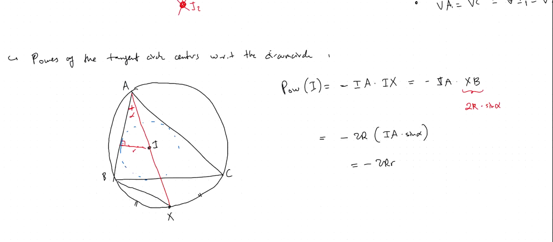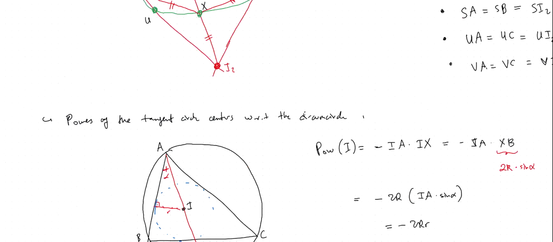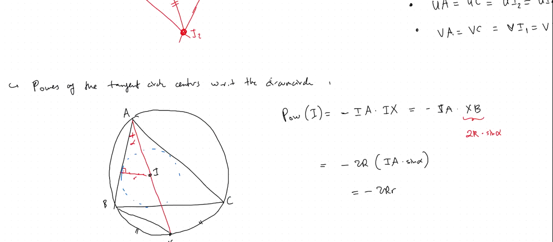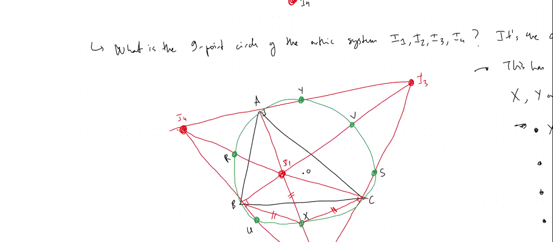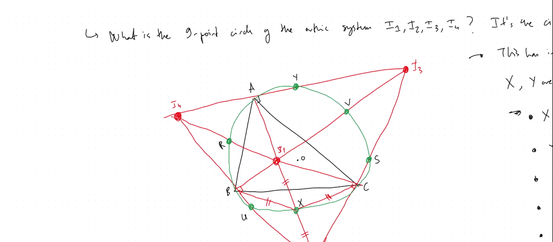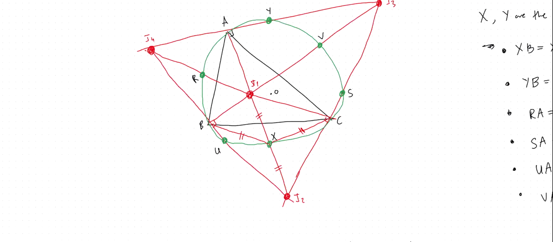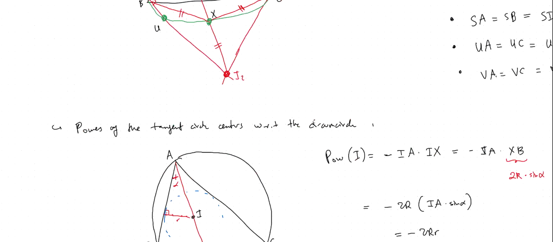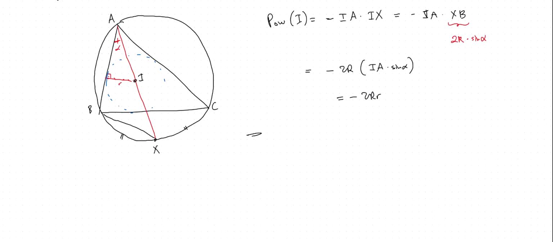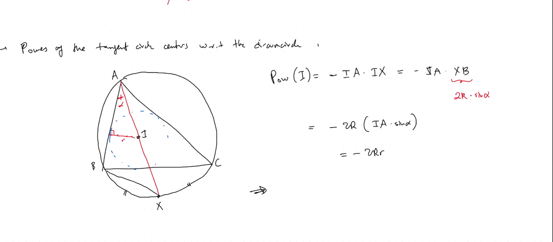And for the other centers also, you have the same formula without the minus. So power of this is 2 times the radius of the circumcircle times the radius of this circle, R4. If you do it for this one, R1, for this R2, for this R3. So this is usually quoted as the distance. From the power, you can calculate the distance, as you know.